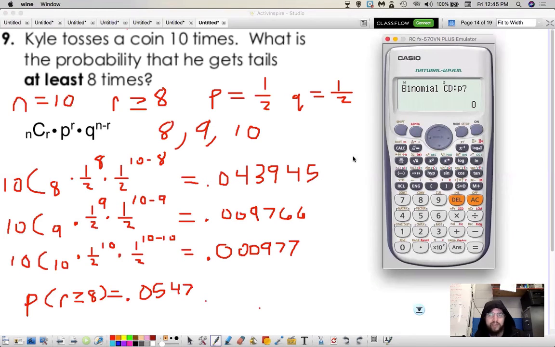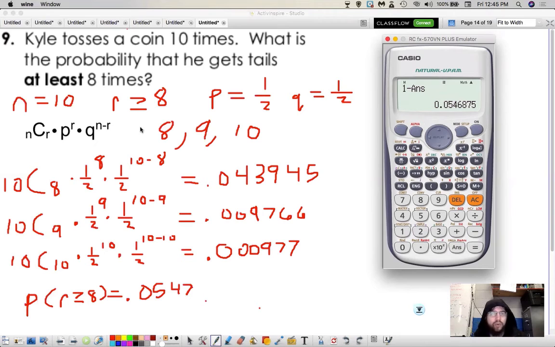And then P was a half. You can either do 0.5 or a half. Now, if it's not a terminating decimal, make sure you leave it as a fraction. And we get 0.95. That's not it. You're right, it's not. We still have to go back to mode 1, do 1 minus our answer. And that is 0.0547. There we go.